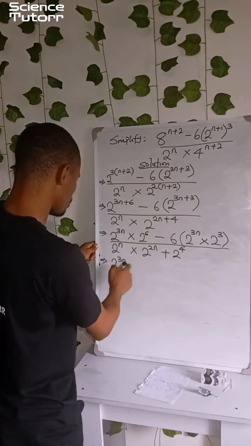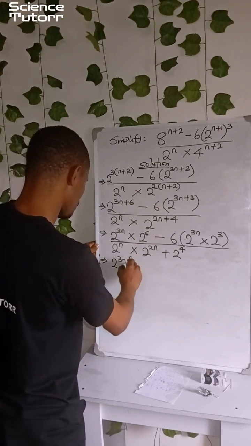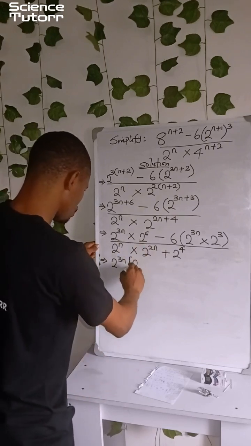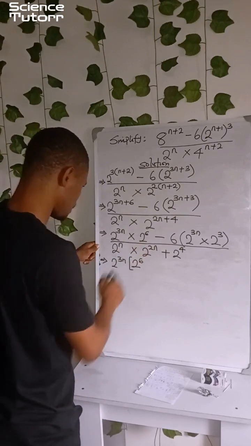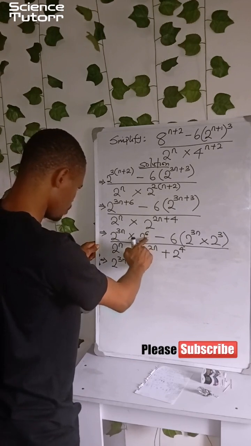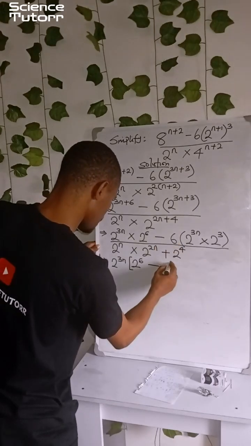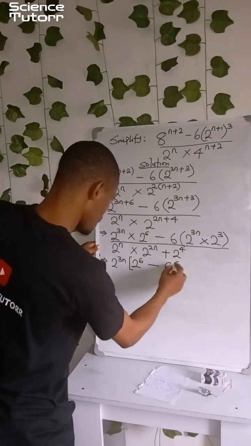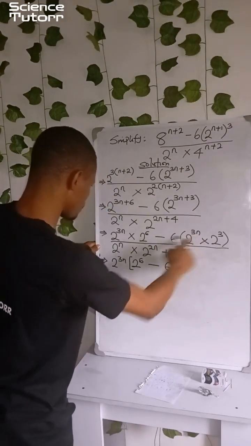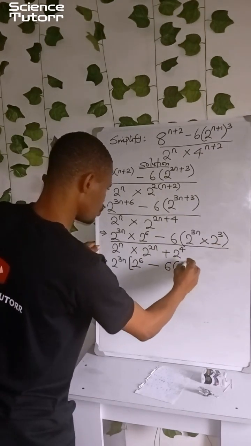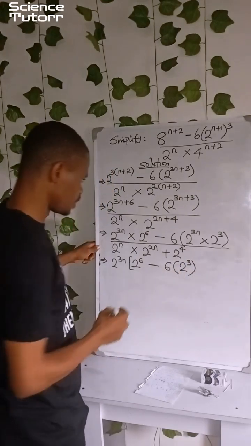Now, having brought out 2 raised to power 3n, what is left? I open brackets. I have 2 raised to power 6, which is this one, minus, I have 6 here, and remember I brought out this, so I'm left with 2 raised to power 3. That is for the numerator.